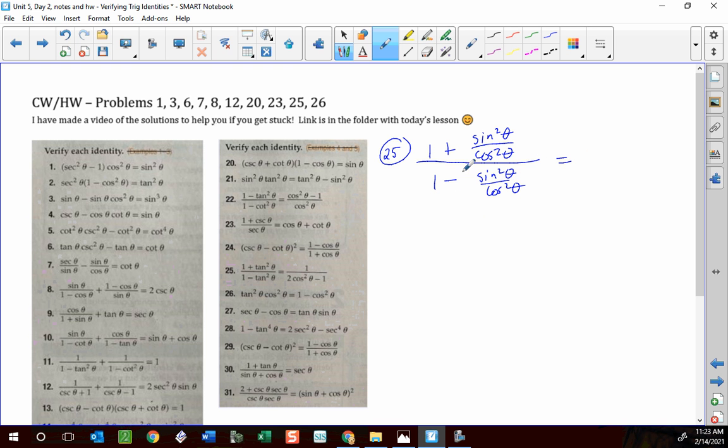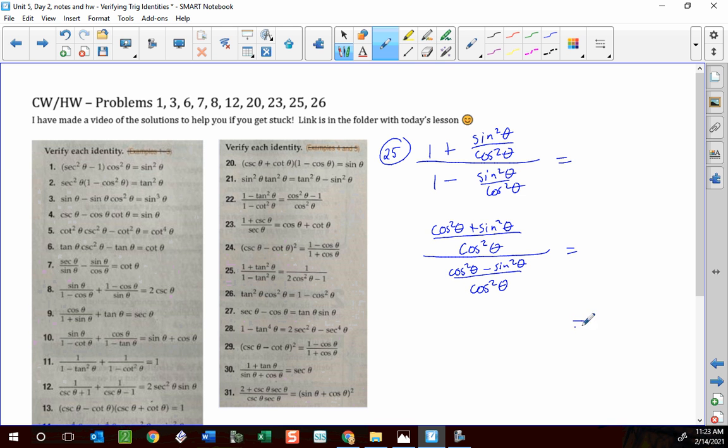On the top, I would have cosine squared as a common denominator, which means my fraction on the top, the sine squared would stay the same, but the cosine squared would multiply by 1, so I get cosine squared plus sine squared. I like that because cosine squared plus sine squared is equal to 1. All right, down below, I basically have to multiply cosine squared times 1, so that's cosine squared minus sine squared, that stays the same.